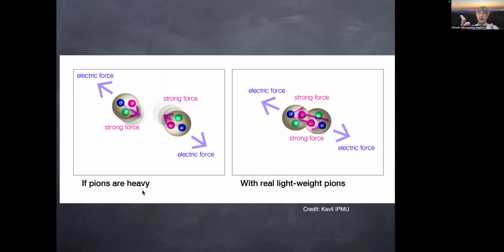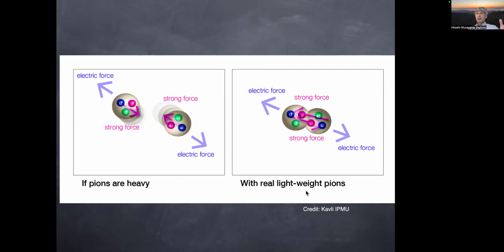So when you exchange a pion, the pion coming from one proton inside the nucleus cannot even reach the neighboring neutron to bind them together. So nuclei wouldn't bind. But if the pion is light enough, then it can go over a distance so that you can connect the proton inside the nucleus to a neighboring neutron or another proton and bind them together. So that's how nuclei are actually bound.